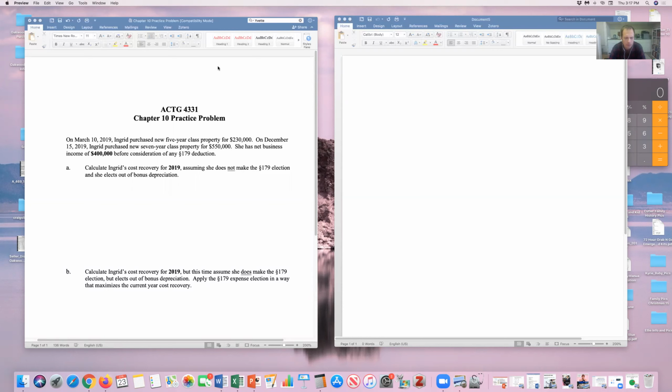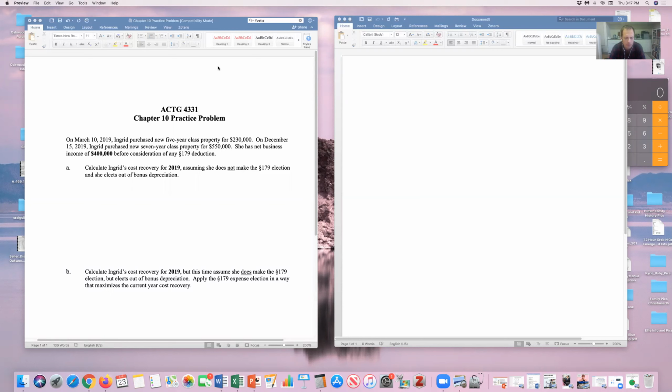And that was on March 10th. On December 15th, she purchased 7-year class property for $550,000. She has net business income of $400,000 before consideration of any Section 179 deduction.